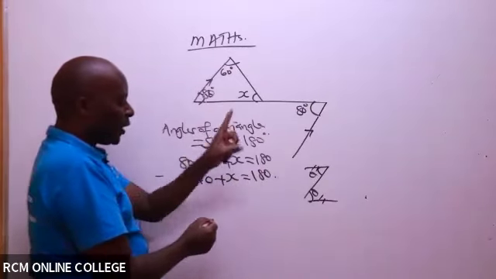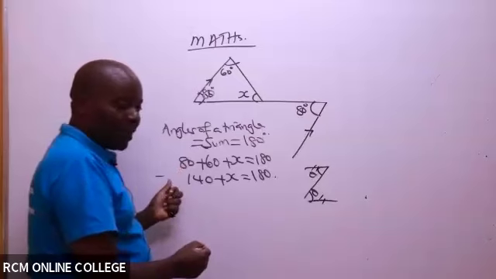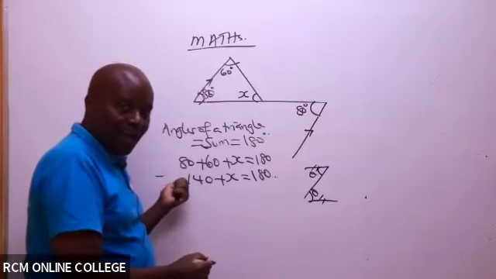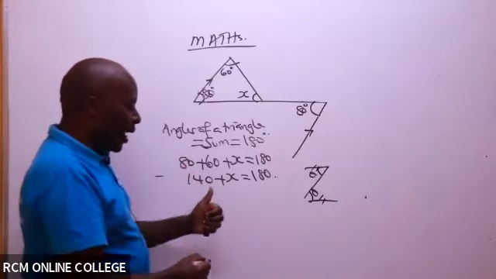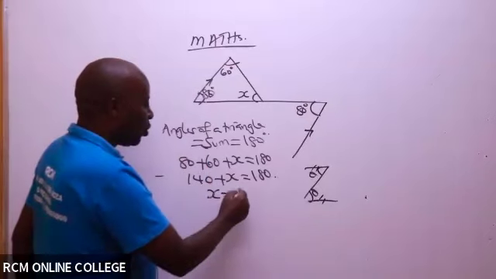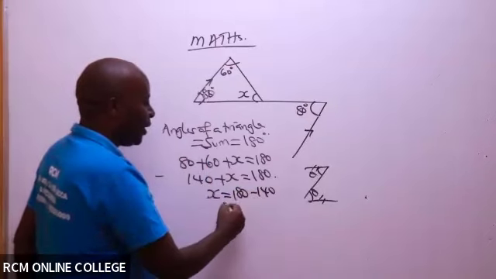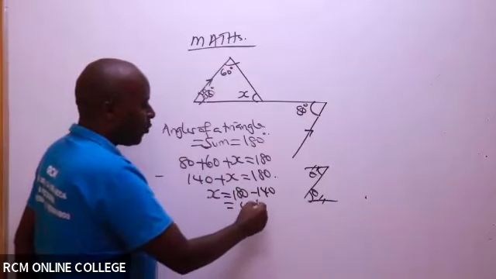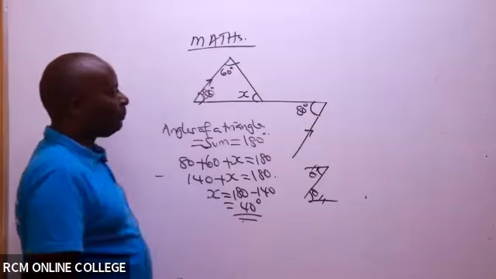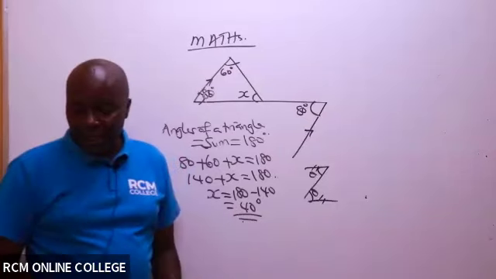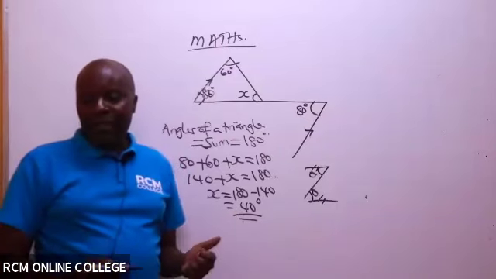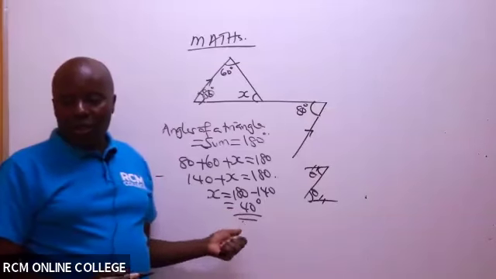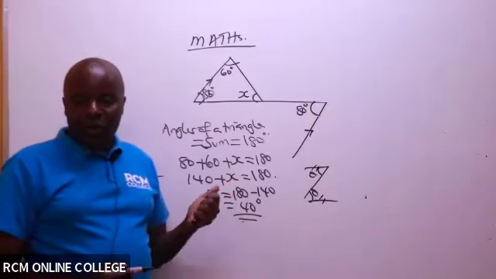Take the 140 to the other side. Here it's a positive, there is an invisible positive here, so on the other side it will be a negative. So X equals 180 minus 140, which gives us 40 degrees. We collect the like terms. So X equals 40 degrees.